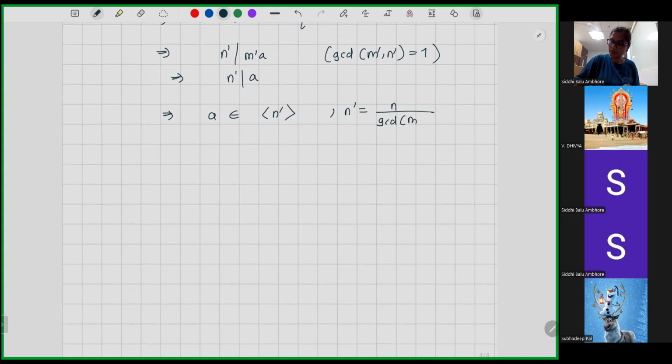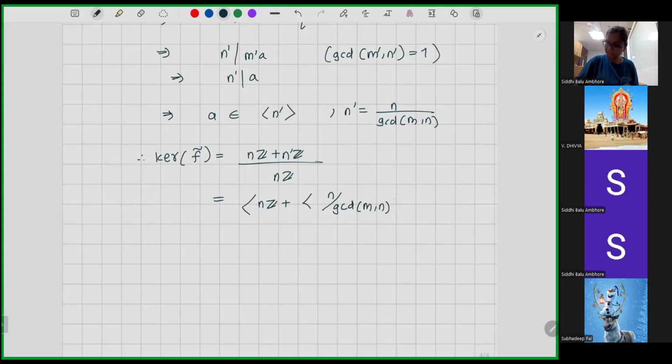It is GCD of M comma N. So therefore, this kernel of F tilde is in fact this ideal NZ plus N dash Z quotiented by NZ, or this is just simply the ideal generated by N dash.